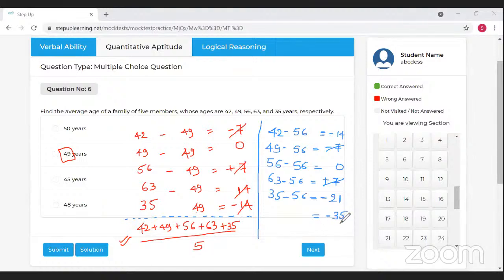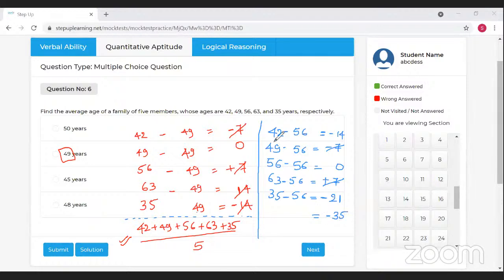Did you understand so far, people? I'm just adding whatever is left over. In the previous example, everything got cancelled and at the end we got 0. When we got 0, our life is simple. But here we are not getting 0. We are getting minus 35 extra.